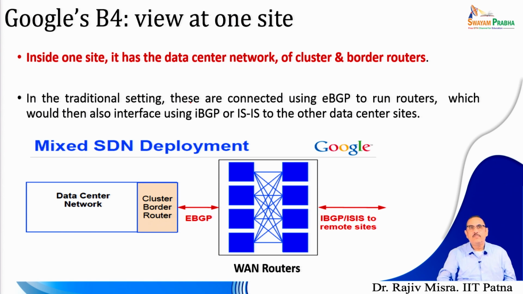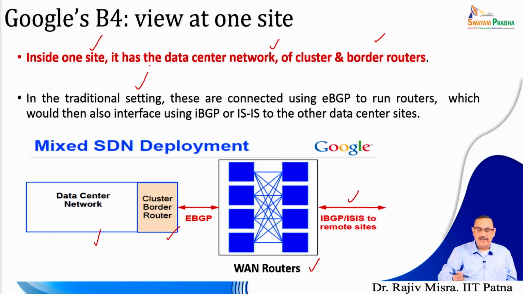Now, Google's B4 view at one site. Inside one site it has the data center network of clusters and border routers. Here you can see that it is a wide area network, and eBGP routers will be there, cluster border routers, and the data center network, and wide area network routers, which will be running IBGP and ISIS to the remote sites.